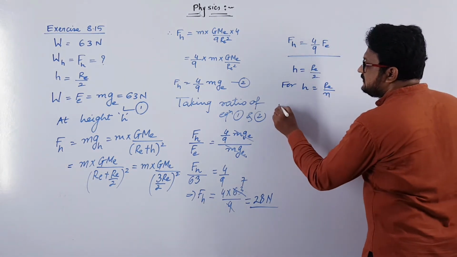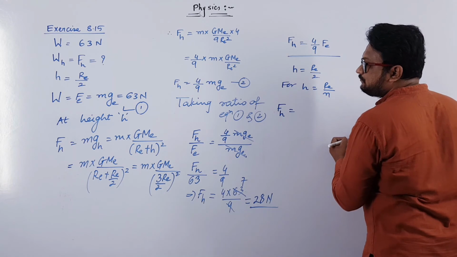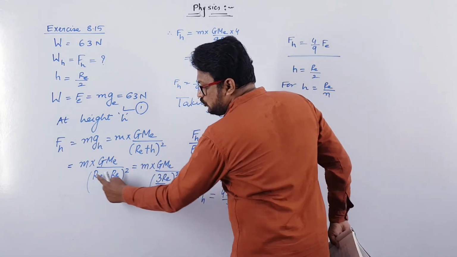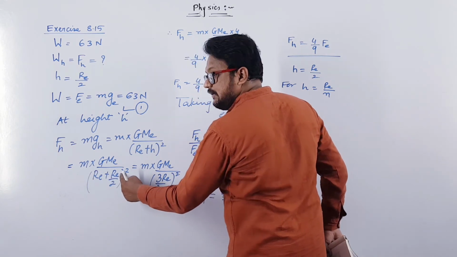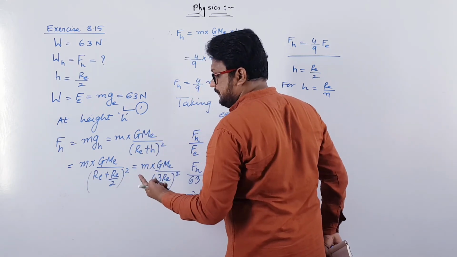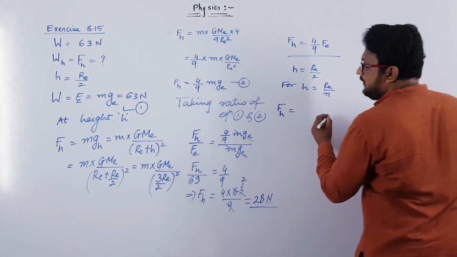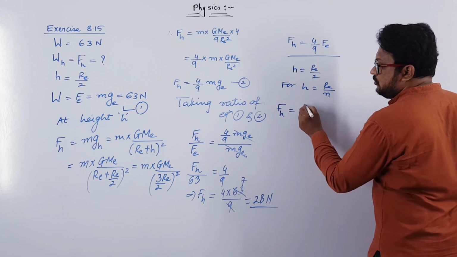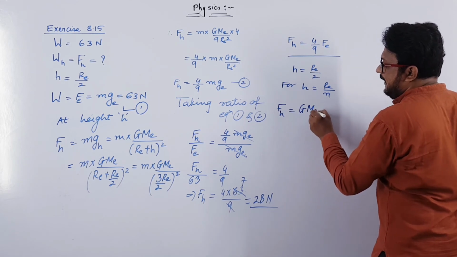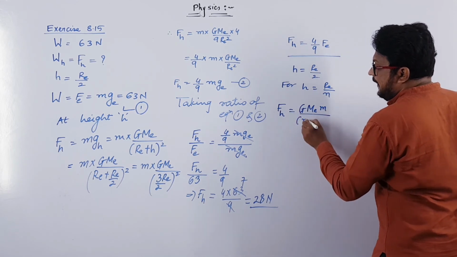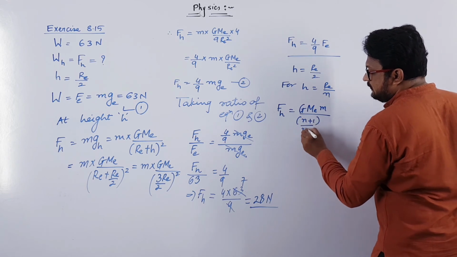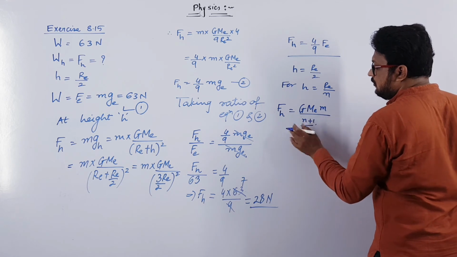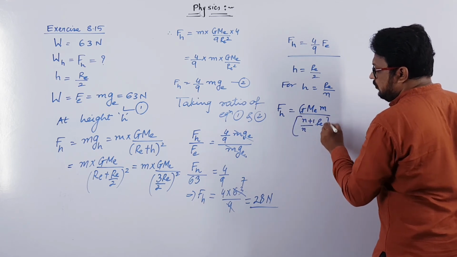then in that case F of h will be equal to, if you simplify this, Re by n. So n Re plus Re is (n plus 1) Re, by n. So you will get F equal to GMe m over ((n plus 1) by n) into Re whole square.